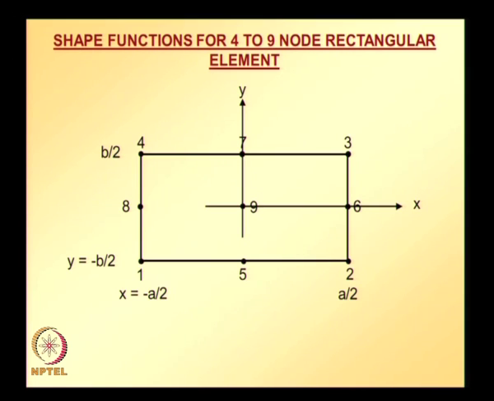nodes are numbered and the corresponding locations can be easily figured out from the figure that is given, and here the way the nodes are numbered is very important, because with this particular node numbering scheme, shape functions for higher order elements can be constructed by adding terms into the shape function for lower order elements.